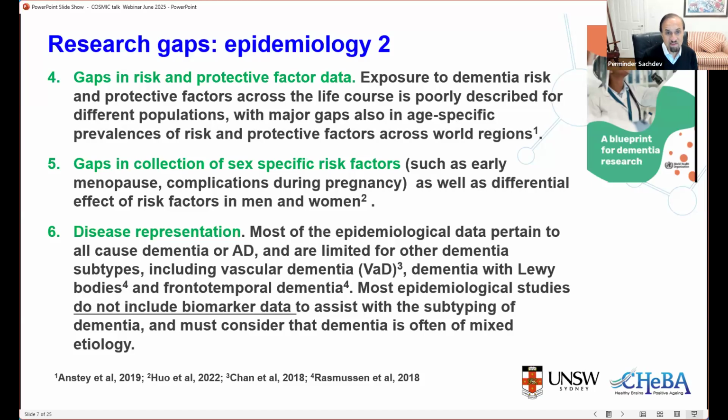And also disease representation. Often the data we have are really about all-cause dementia, often equated wrongly with Alzheimer's disease. And then, of course, there are much fewer data on vascular dementia and other big dementia categories. So we need better data, and perhaps we need biomarker data to be able to look at the subtypes of dementia.